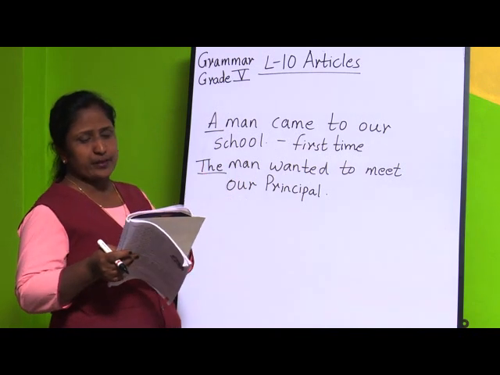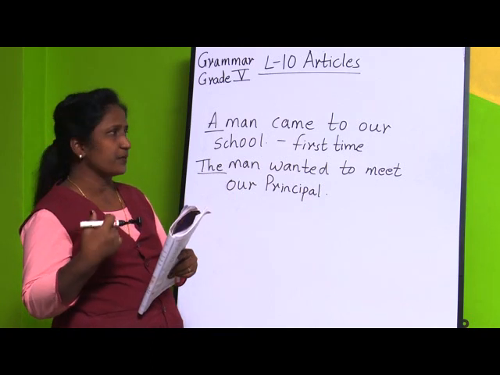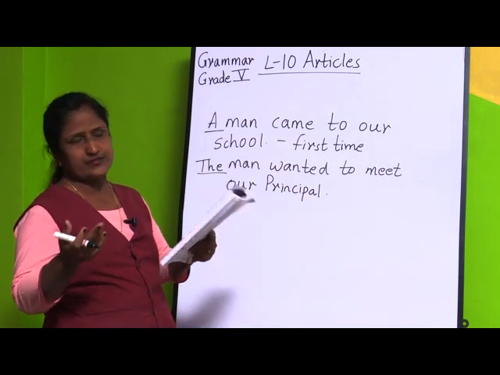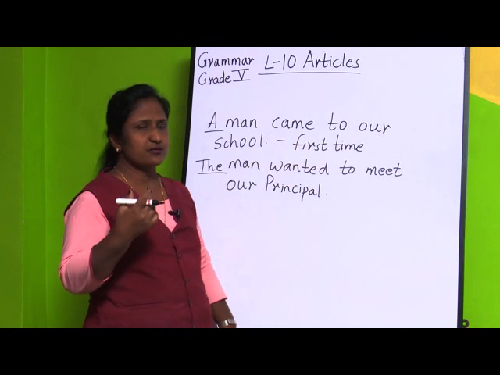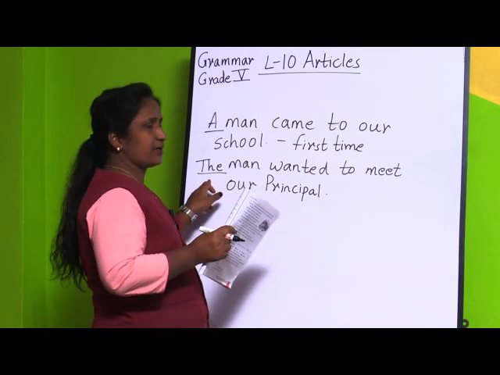The window of the bedroom is broken. When we are talking with our parents or with our brother or sister, we know which window. Whatever we know, that time also we can use the article the.